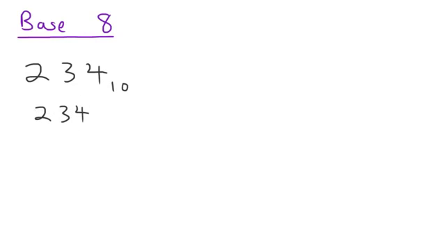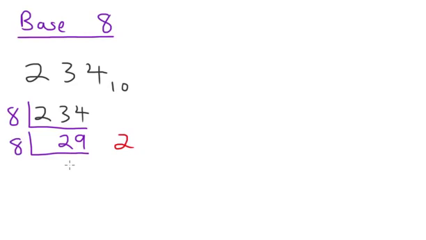234 divided by 8, you get 29 as the quotient. Would there be a remainder? Yes, there's a remainder 2. So carry on, divide 29 by 8, so 3, and there's a remainder 5.